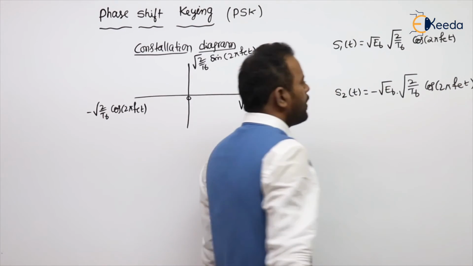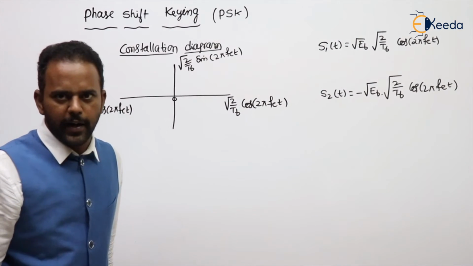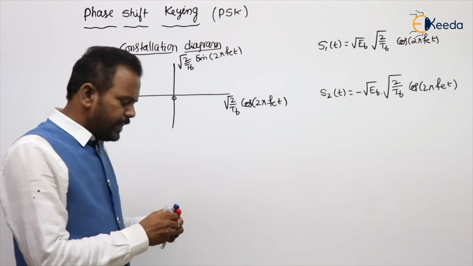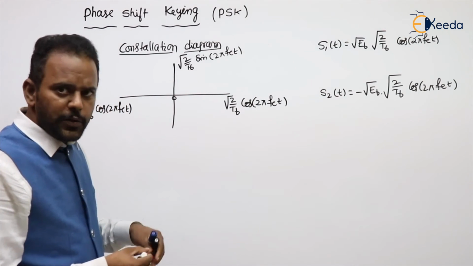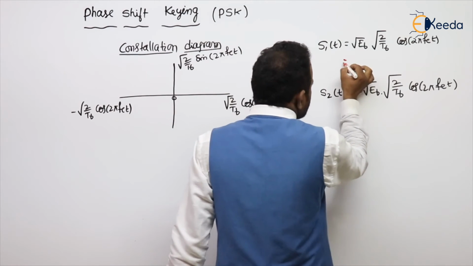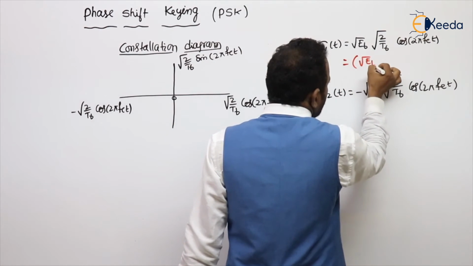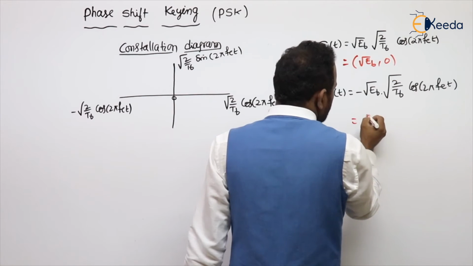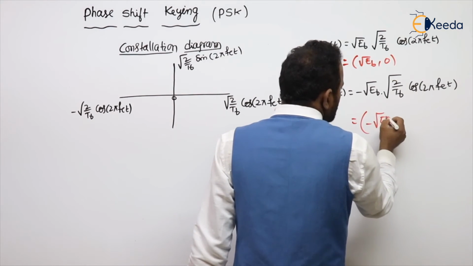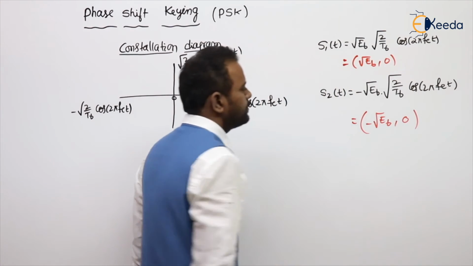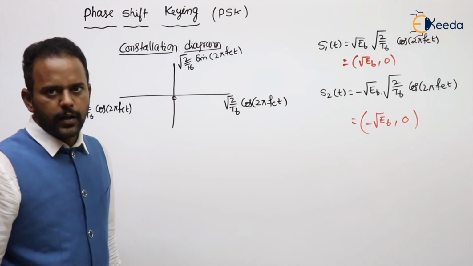These are the two modulated signals. Getting my point or not? Now, if you see clearly, I can write them as points: this is the point root Eb comma 0, and this is the point minus root Eb comma 0. Got the logic or not?